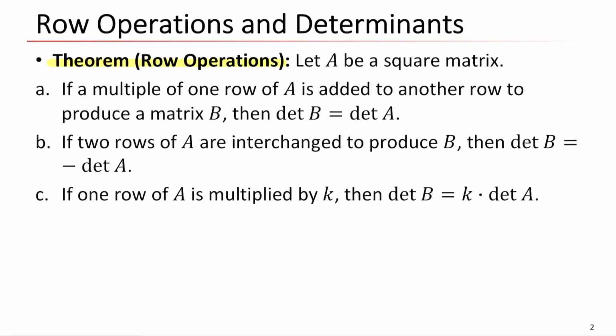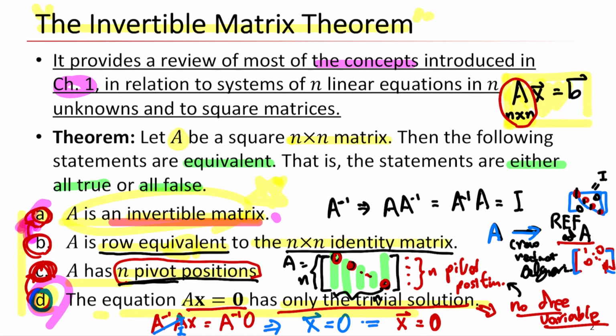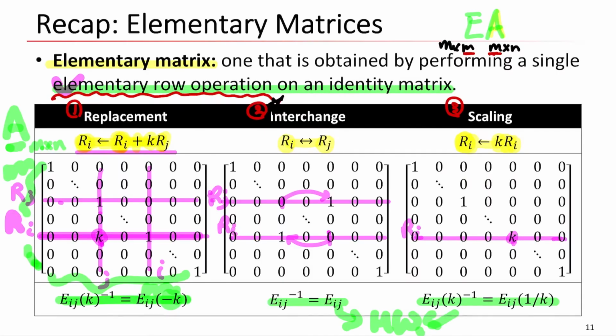We already discussed row operations, consisting of three things. If we go back to lecture 6, there were three elementary matrices. The first one is replacement, the second one is interchange, and the third one is scaling, right?